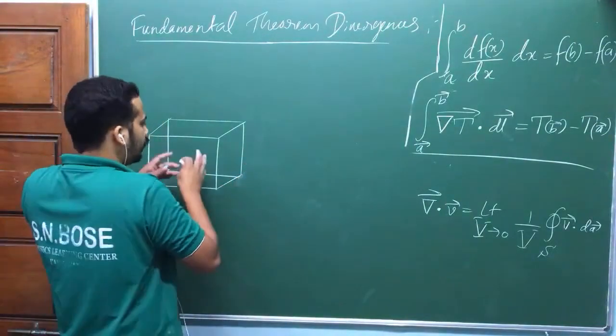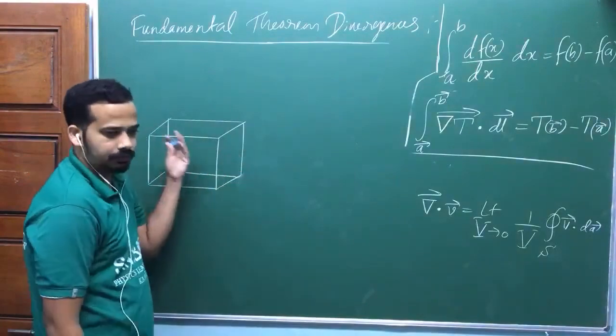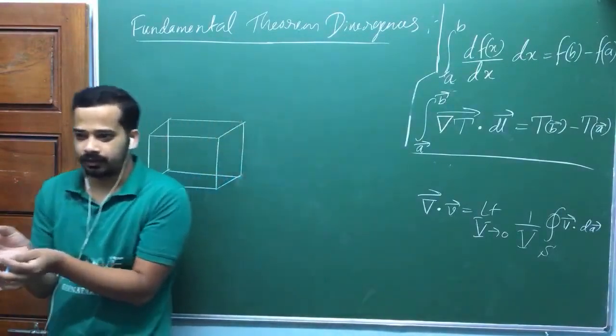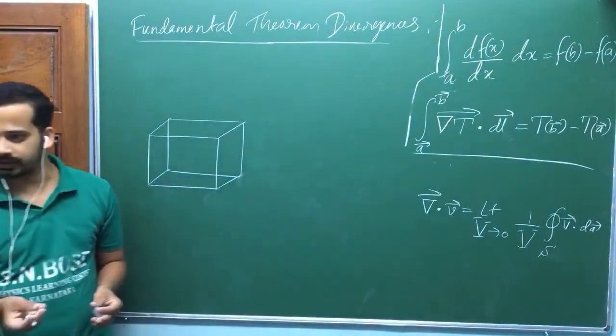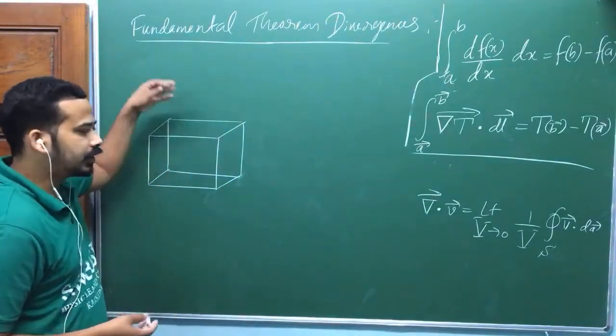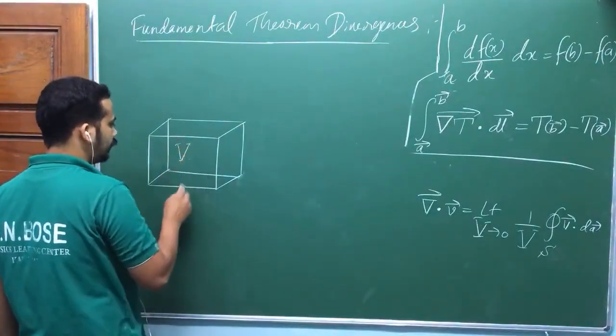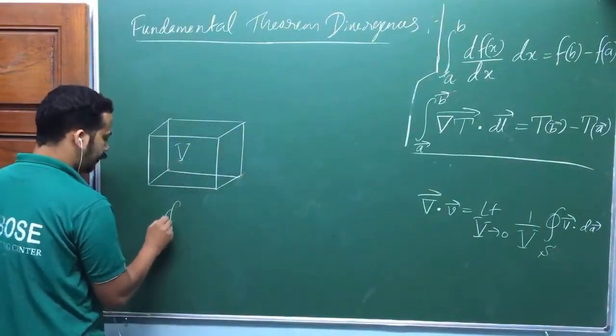Let me find the volume density of the outward flux. To find density, it should be very small, since density is defined at some point, isn't it? But what I do, I'll take flux per volume. This has some volume V. I'll find the total flux of the vector field V.